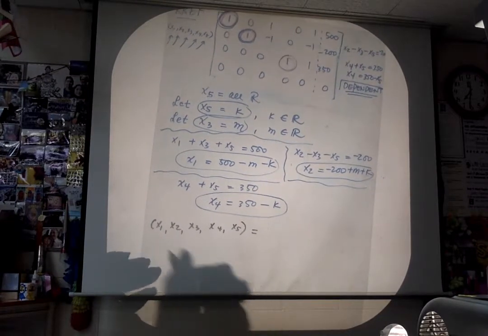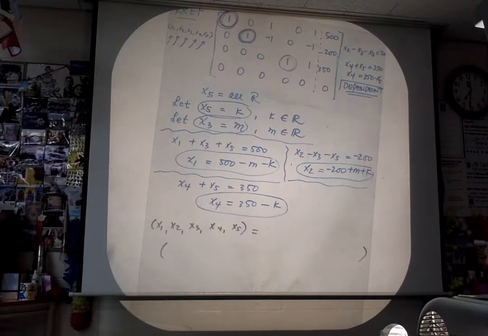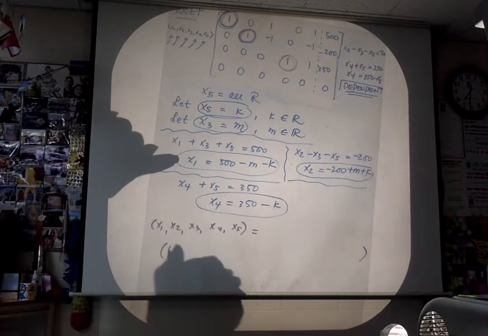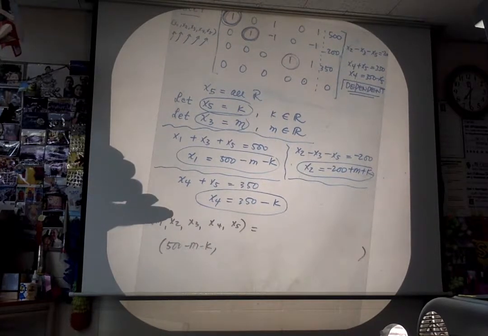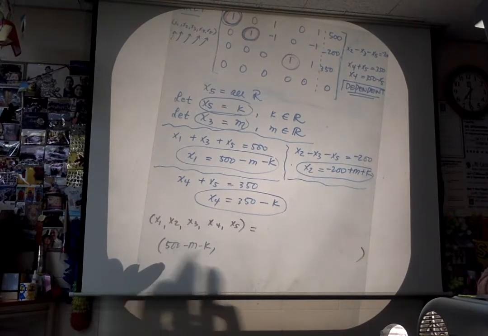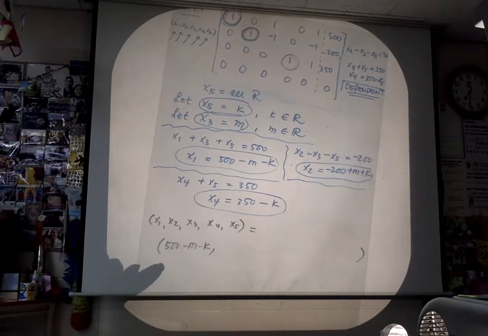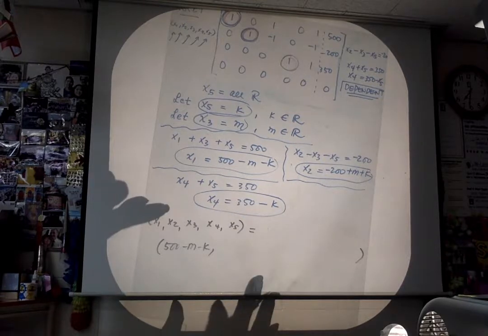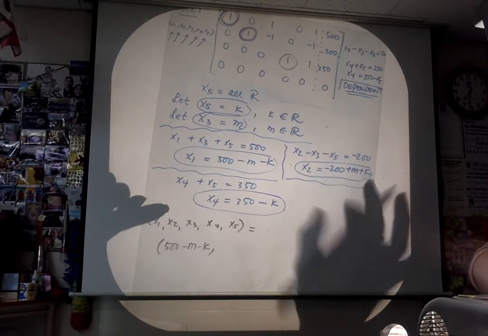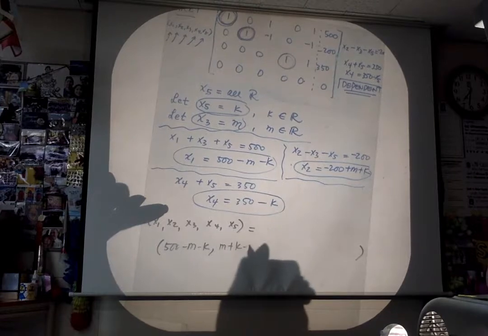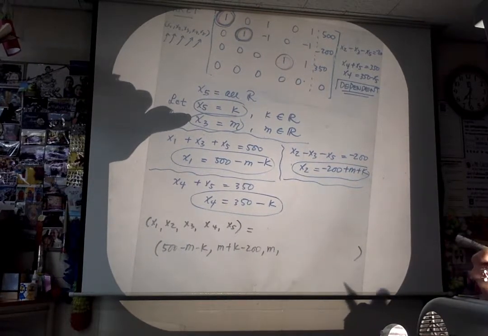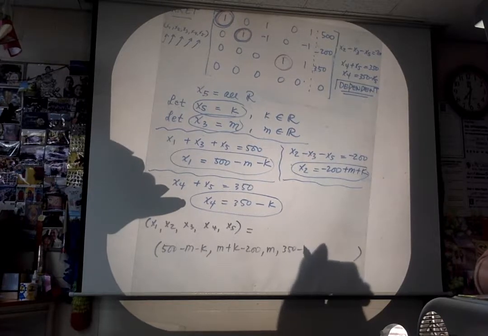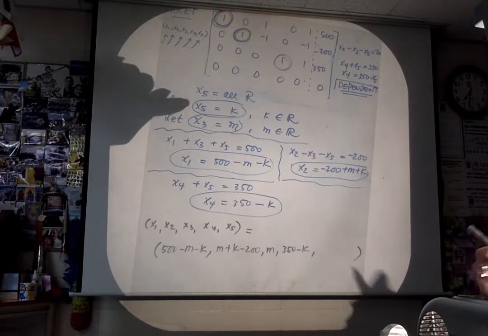We're going to write them in terms of m and k. x1 is 500 minus m minus k. x2 is negative 200 plus m plus k, which I'm going to write as m plus k minus 200. x3 is m, x4 is 350 minus k, and x5 is just k.